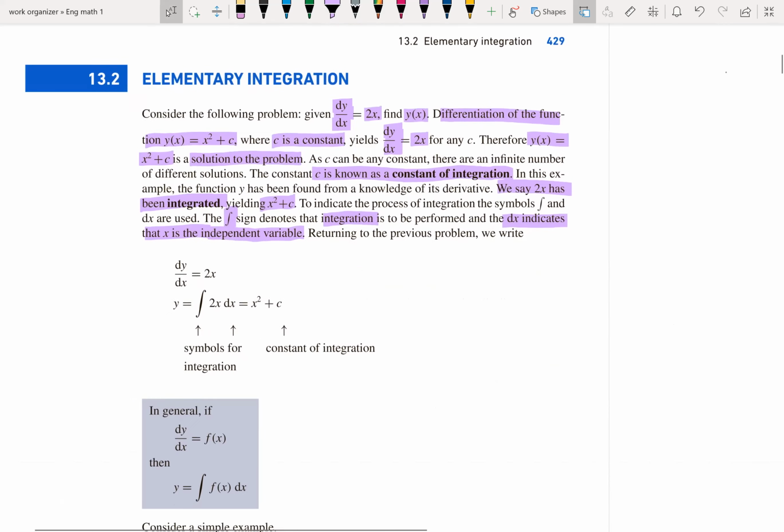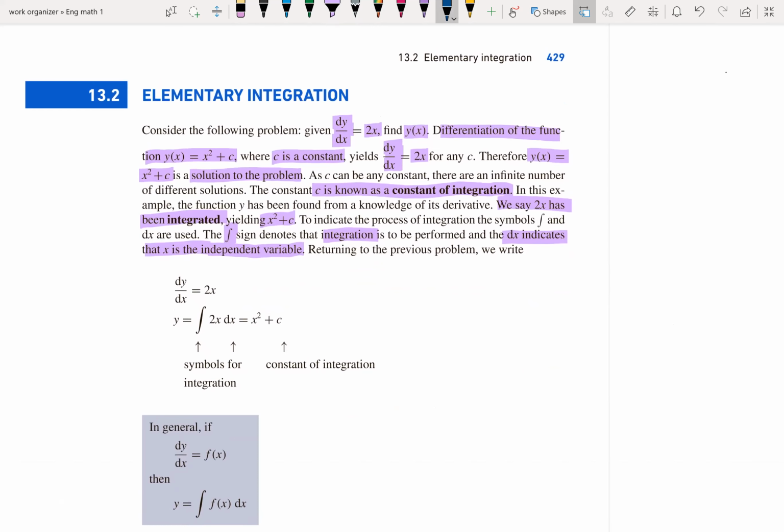Let's say we are given dy over dx equal to 2x. What we have to do is transfer dx to the right-hand side, to 2x dx.